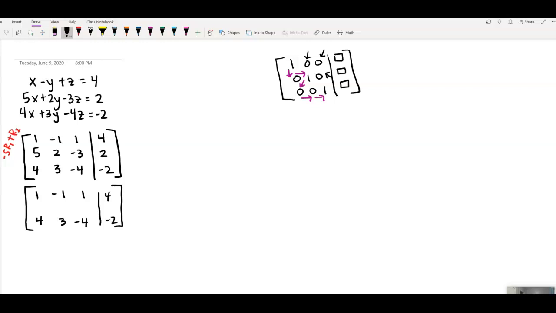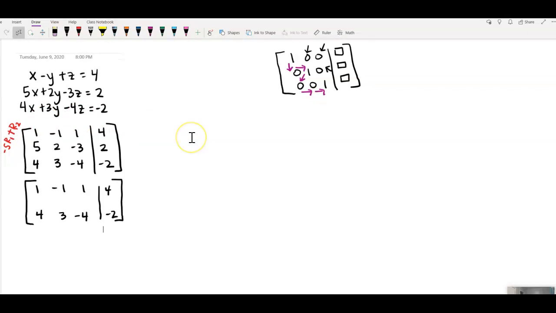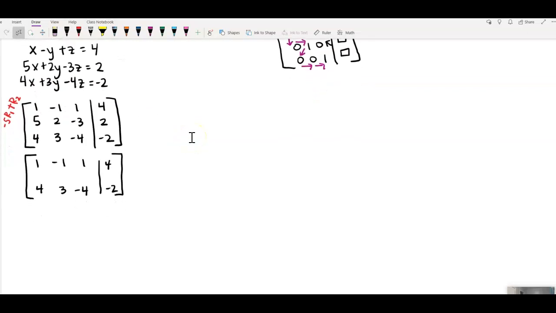Okay, and when you get more used to matrices, you can do more than one step in each matrix. But I think when you're just learning how to do them, it's good to keep that separate. All right, and then I'll just do a little bit of work out here to the side so you can see what I'm doing, because sometimes it gets a little confusing. So I'm taking -5 and multiplying it by row 1. That's going to give me -5, and then +5, and then -5, and then -20.